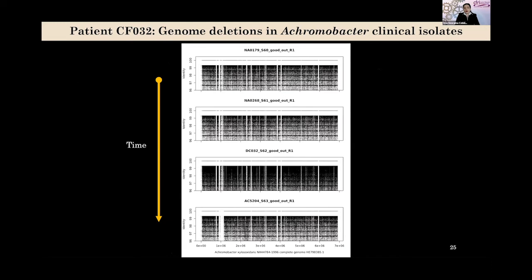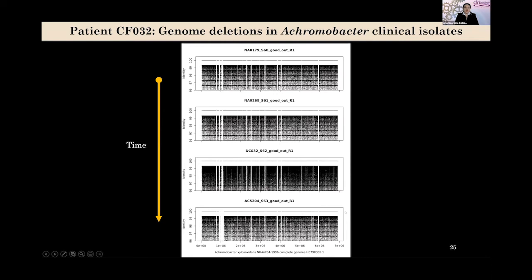Here we have a similar analysis to what I showed before: on the x-axis we have a reference genome, the closest reference genome, and each one of these black regions shows which parts of this reference genome are present in each one of the clinical isolates. These were the oldest clinical isolates. These are the newest clinical isolates.